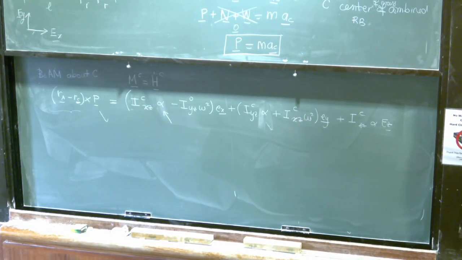Okay, take a couple minutes, please calculate this term, RA minus RC. It should not take a lot of time. Do it in pairs, and I want to check your work.